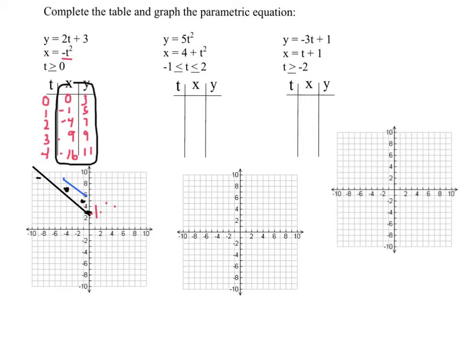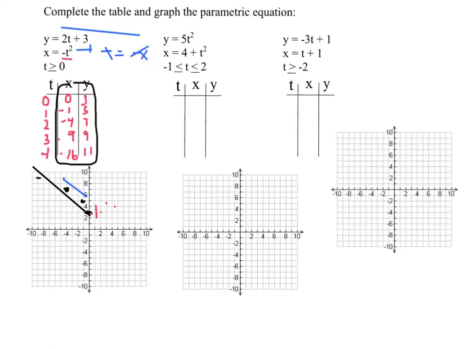The one other thing I want to mention here is turning something into what's called a Cartesian equation. Cartesian equation simply means a y equals. Easiest way to make it a y equals equation like we're used to is to rewrite the x equation in terms of t. So t is equal to the square root of negative x.